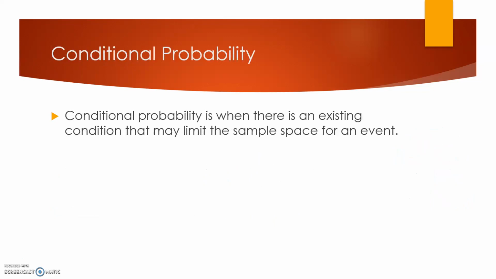All right, so today we're talking about conditional probability. Conditional probability is when there's an existing condition that could limit the sample space for an event.